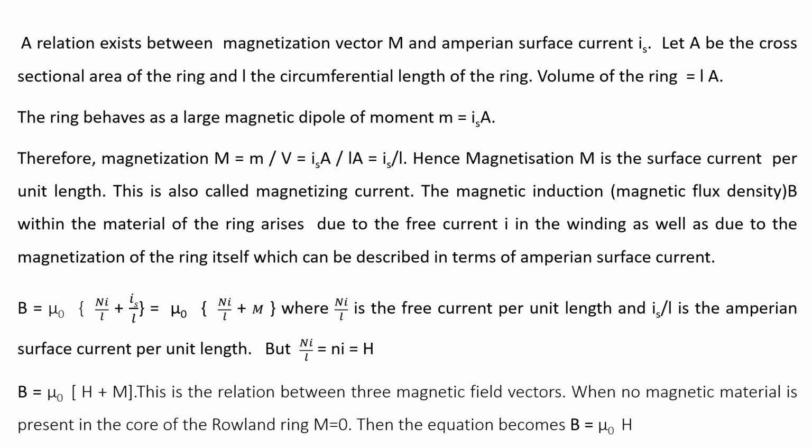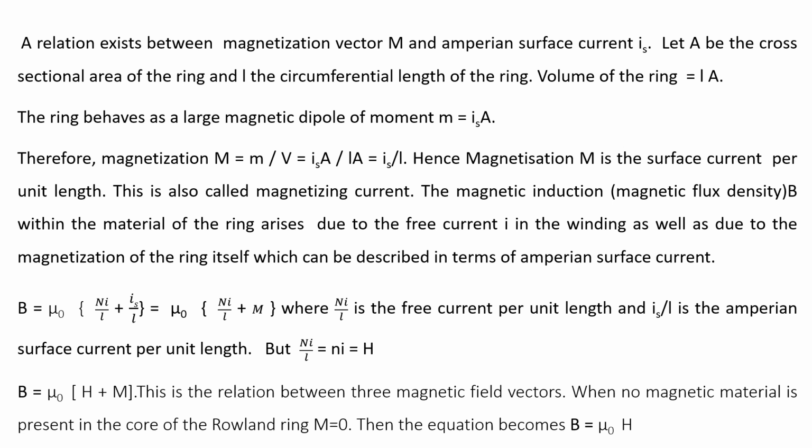Hence, the magnetization can be represented as the surface current per unit length. That is, M is equal to I_S divided by L, where I_S is the Amperian surface current. This current is called the magnetizing current because it magnetizes the core.